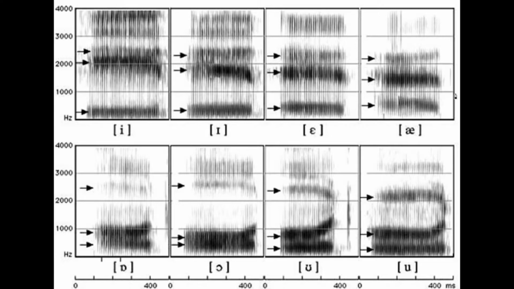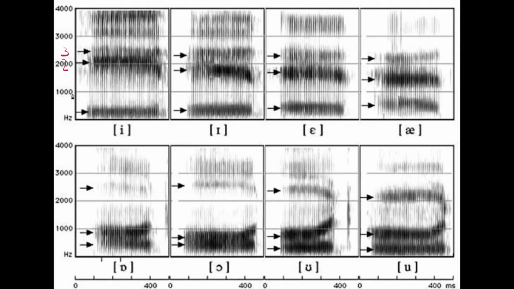There are three types of vowels: front, back, and central vowels. When analyzing a spectrogram, it is important to count how many formants there are. For front vowels, there are three formants. This is 1, 2, and 3.